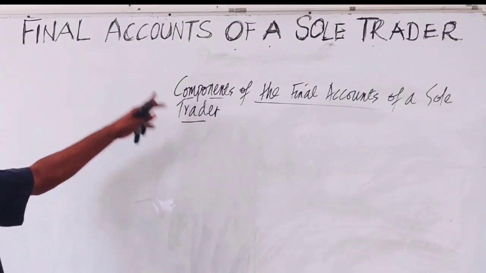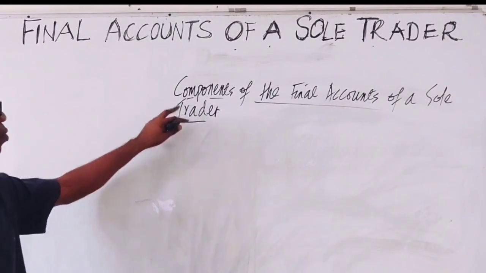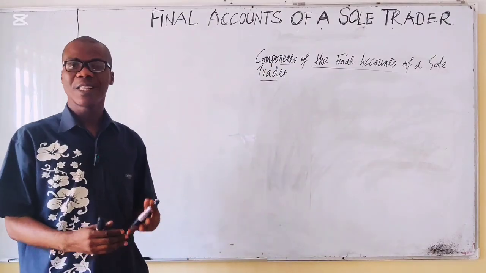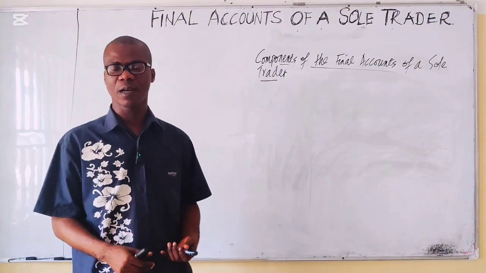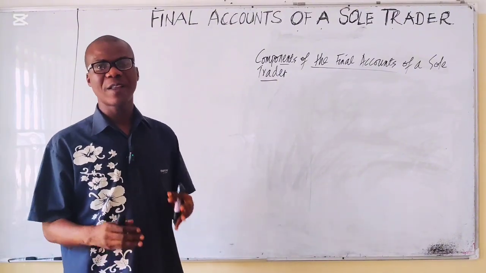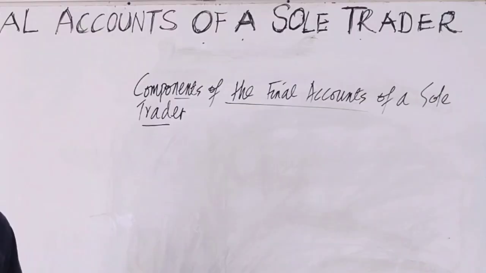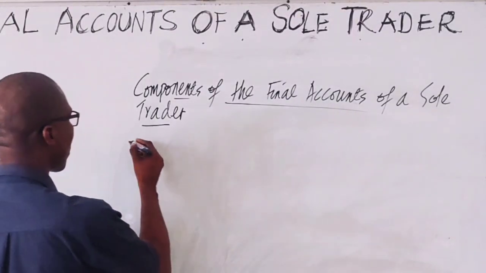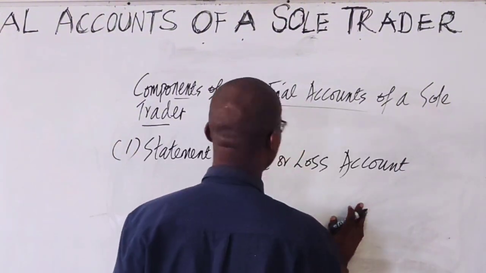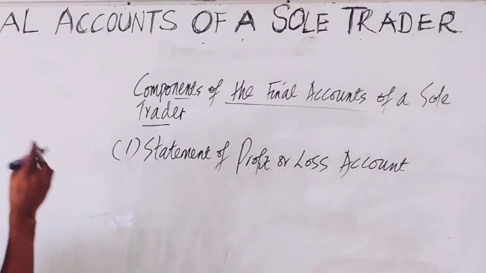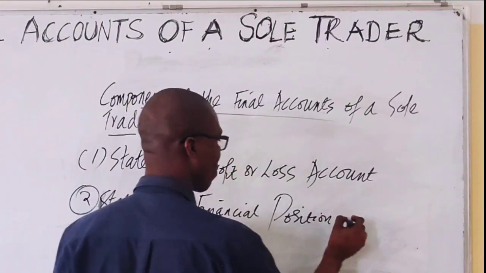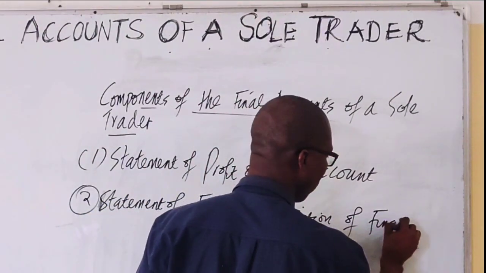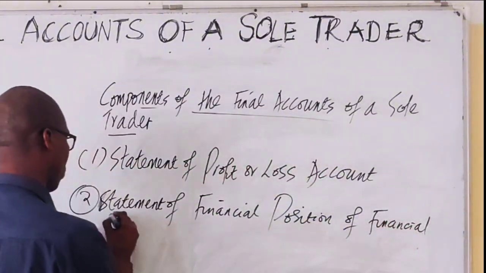We are now at the components of the final account of a sole trader. That is the makeup, or the things that constitute the final account of a sole trader. When you are asked to prepare the final account of a sole trader, these are the two accounts that you must prepare. One, statement of profit or loss account. Then you also prepare statement of financial position.